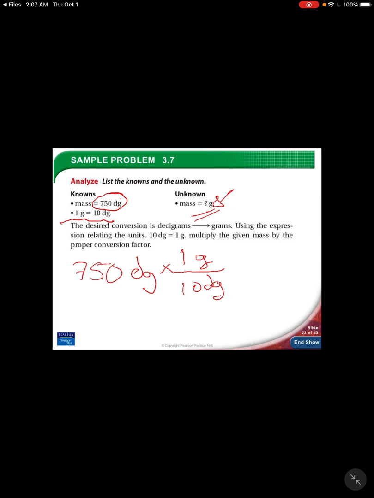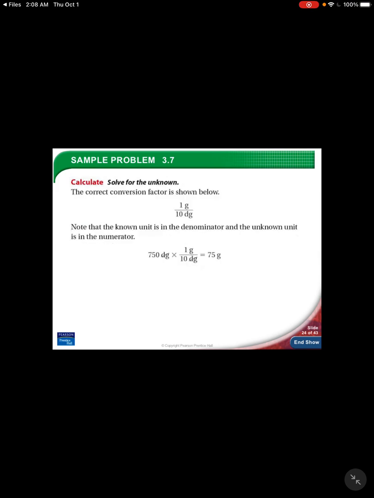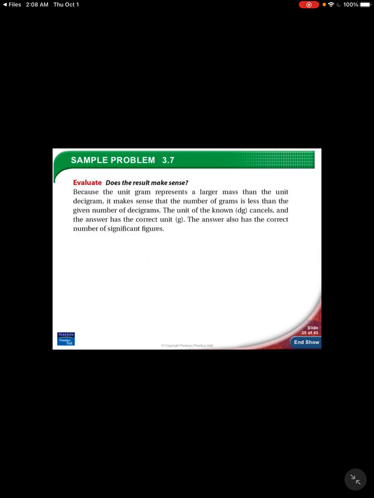And the way I've written it here, my decigrams cancel, and I will get 750 divided by 10 is 75 grams for my answer. And there it is, written more neatly than I can do it with my Apple Pencil.